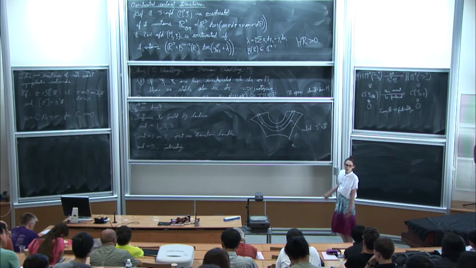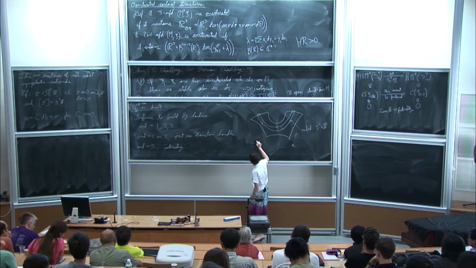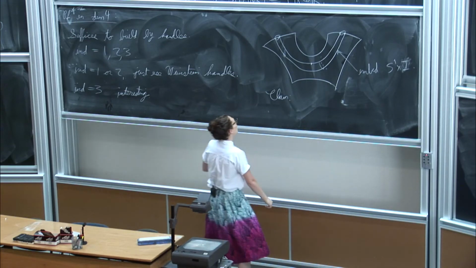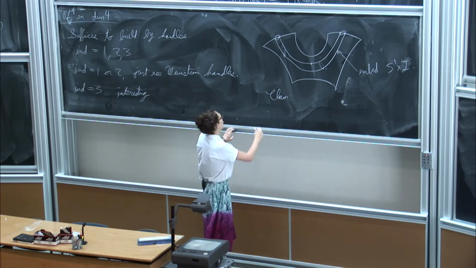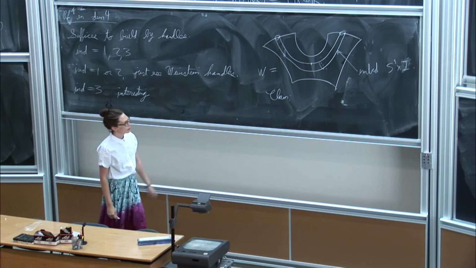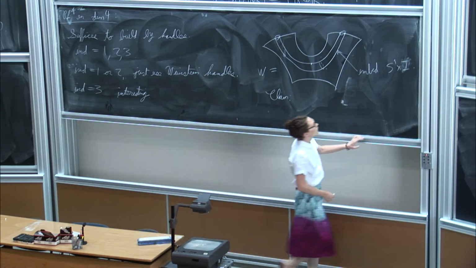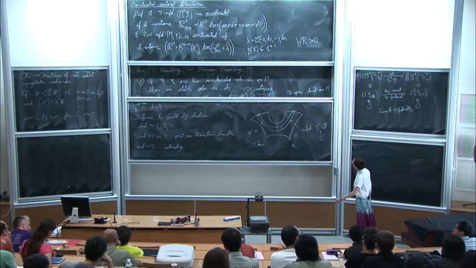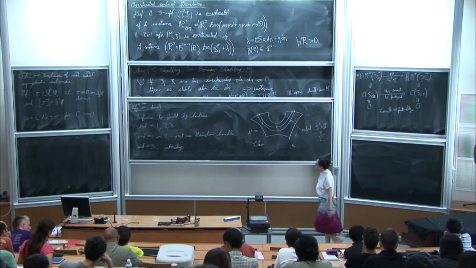And I like this because, if you stare at it for a little bit, let's maybe call this original thing W, since this is all I care about. And let's call this thing sigma, this 2-dimensional surface.